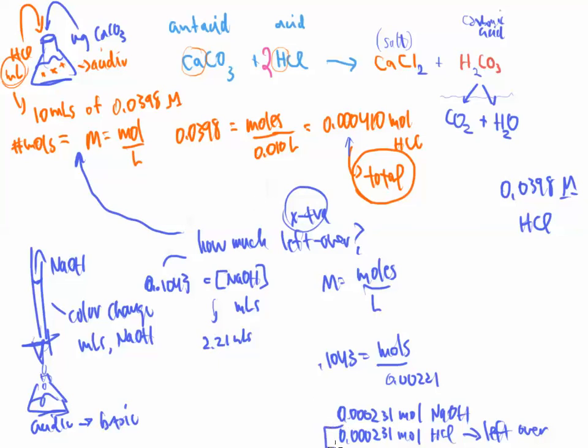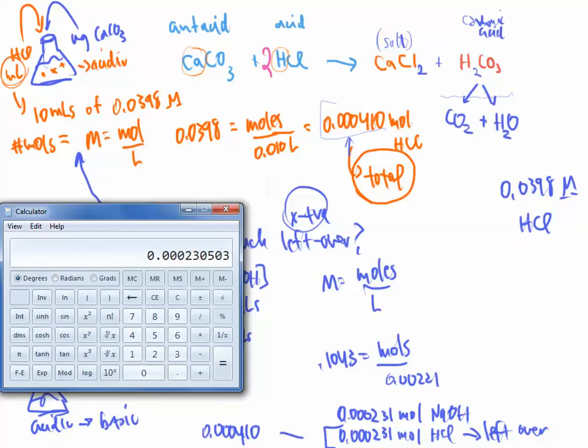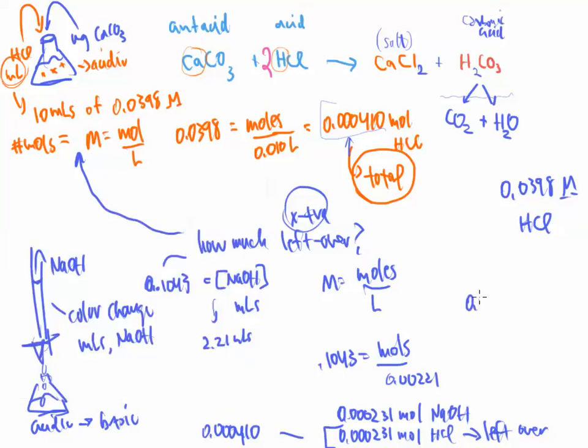Well, if this is how much was left over, and I began with this many moles, I can take those two numbers and subtract them. 0.000410 minus 0.000231 gives me 0.000179 moles of acid that was actually used up.